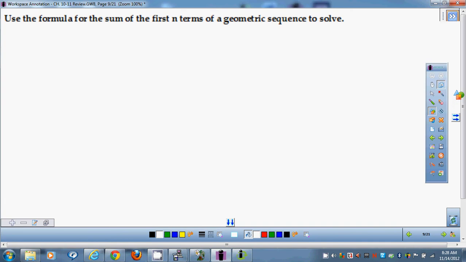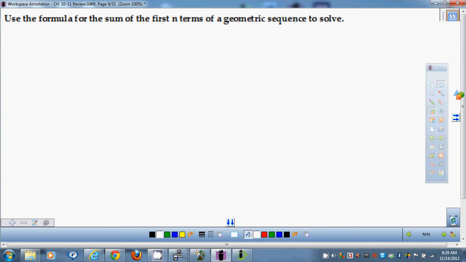Next, use the formula for the sum of the first n terms of a geometric sequence to solve. What is this problem going to look like and or ask us to do? Use the formula. Well, that's the formula you need to use.